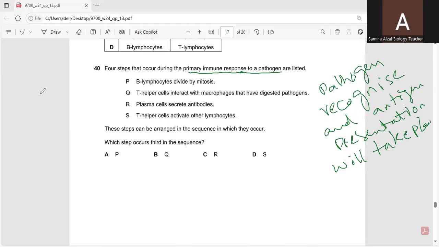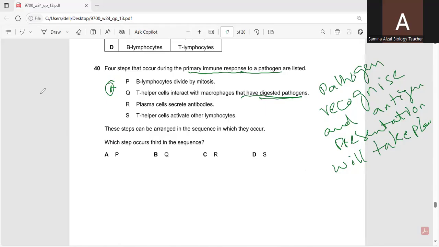So in this case, the T helper cells will interact with macrophages that have digested pathogens, so they will represent them. So number 1 is Q.